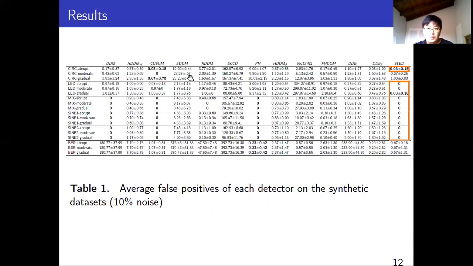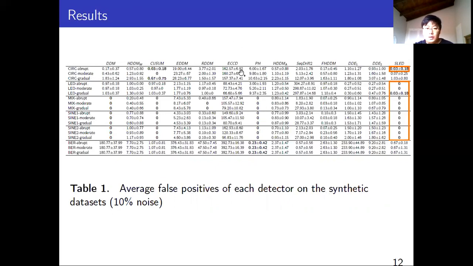As we can see in the table, the columns over here represent different detectors, whereas the rows over here represent different datasets. As you may have noticed, for each of these synthetic stream generators, we generated 3 different types of datasets, with 3 different types of drifts, right?